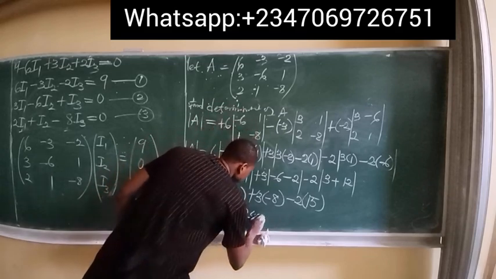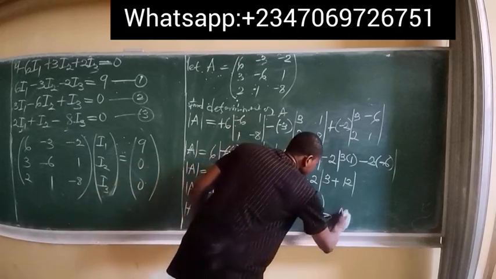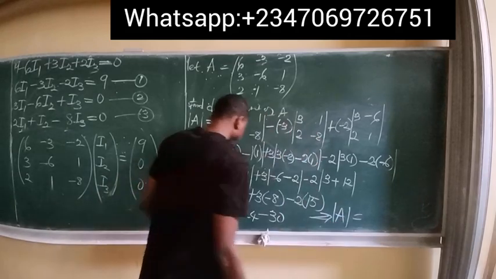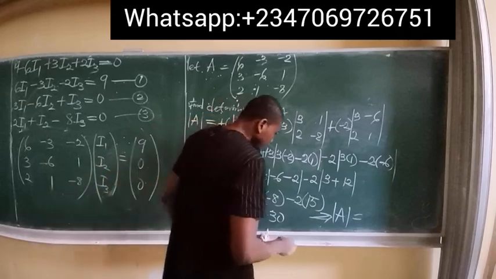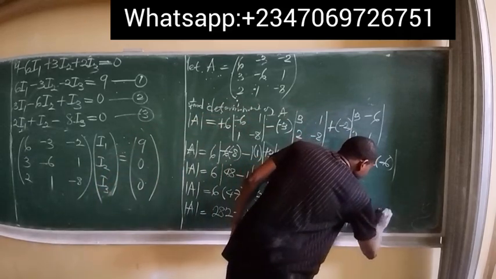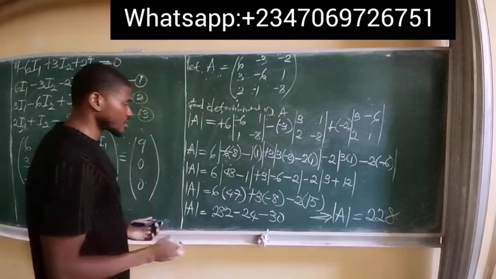Minus 2 times 15 is minus 30. So the determinant of A is 282 minus 24 minus 30, which gives us 228. So this becomes the determinant of that matrix A.